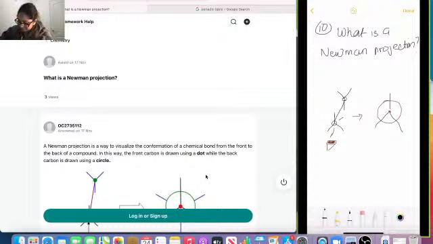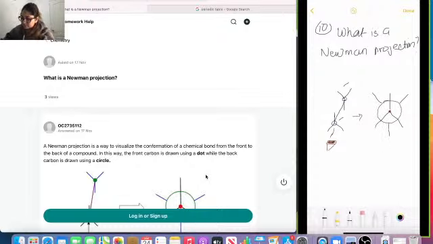You first draw the front part of it, and then the back, you're just drawing this part, and it's just like this.